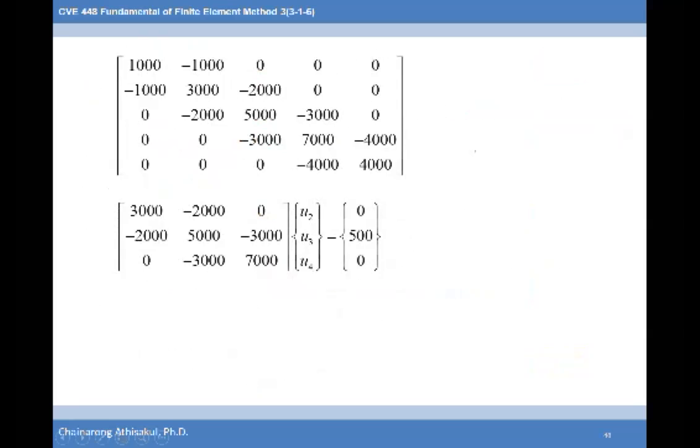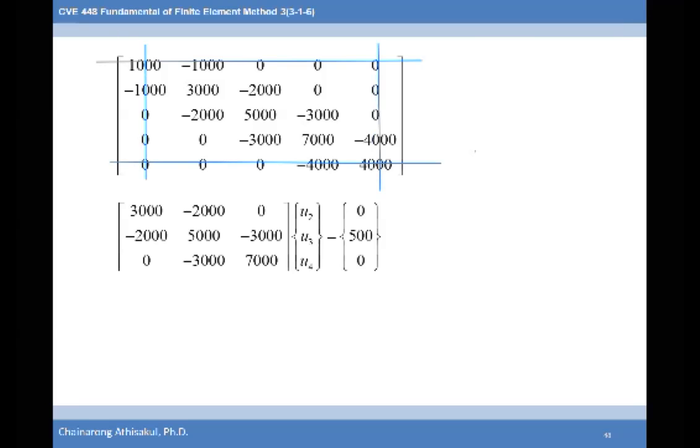For this case, we will cut off the first row, that is for node number 1, and the fifth row for node number 5. Because it is a homogeneous boundary condition, we can also cut off the first column and the fifth column.